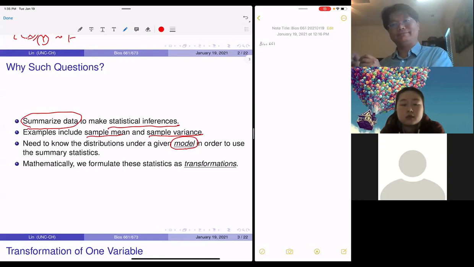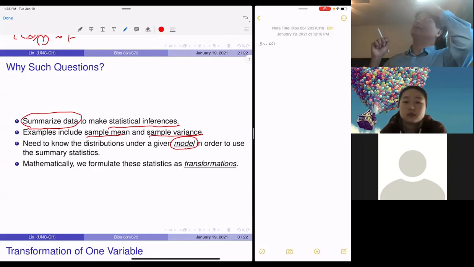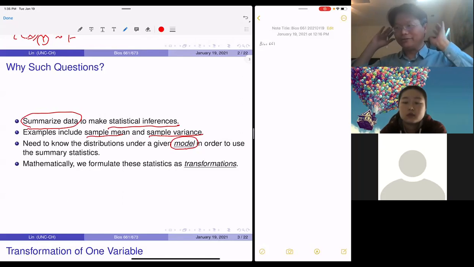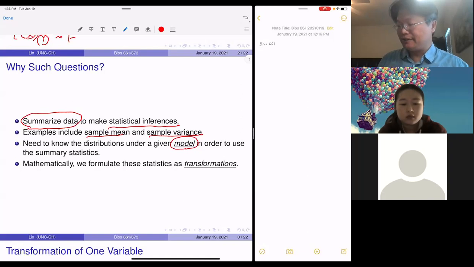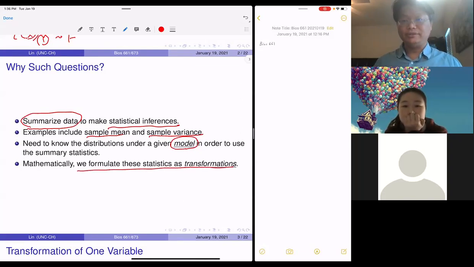If you look at, for example, the Hogg and Craig book, they will talk about some model. That model is not the logistic regression or linear regression kind of model. The PDF itself is already a model. In order to use summary statistics, mathematically we just form a statistic as a transformation of the data. That's it. Okay, good.